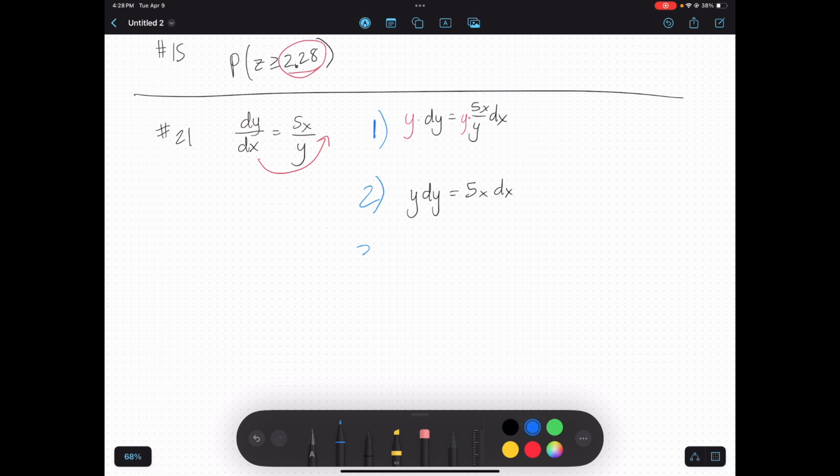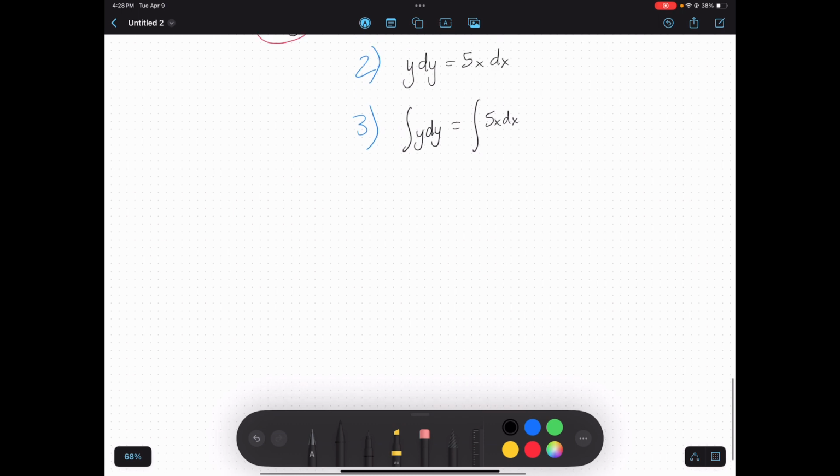Once you've separated your variables, you're ready to integrate. So I'm going to do the integral of y dy equals the integral of 5x dx. These are both very nice, simple integrals that I can handle. Okay, I get 1/2 y squared equals 5/2 x squared. Where do I put the c? Remember, you don't have to put the c on both sides. I always put the c on my x side.